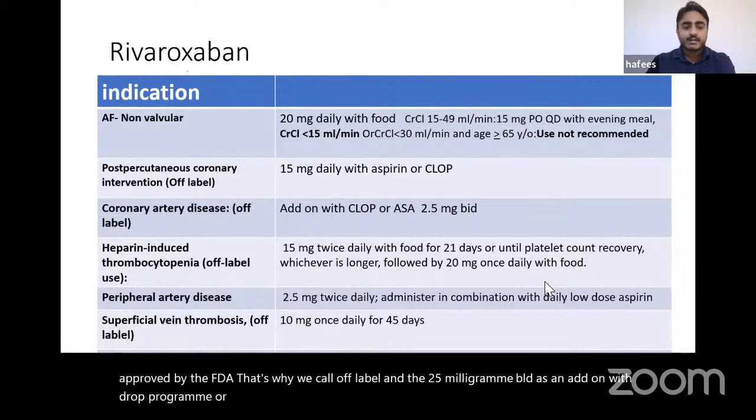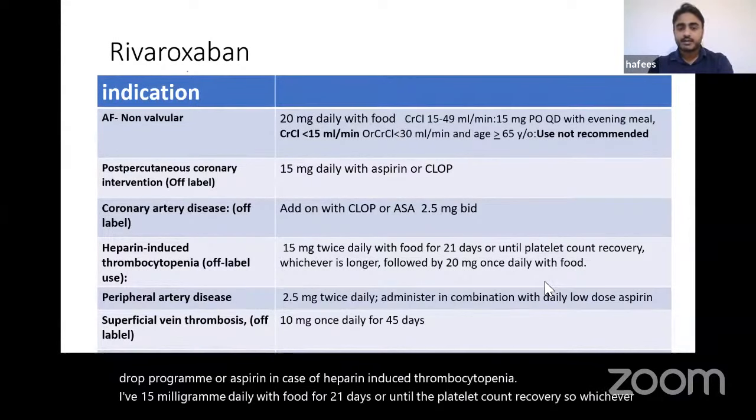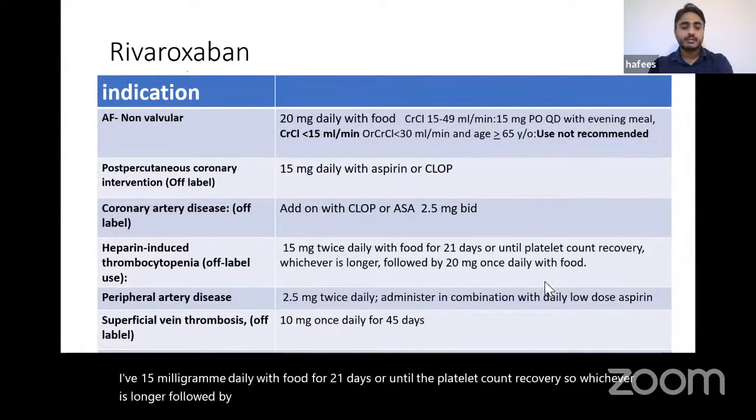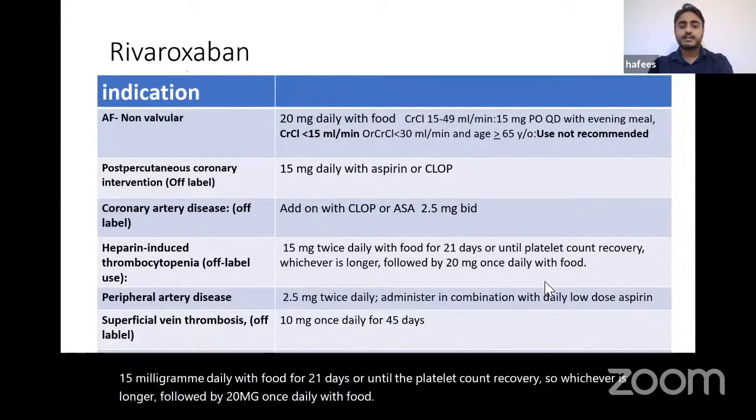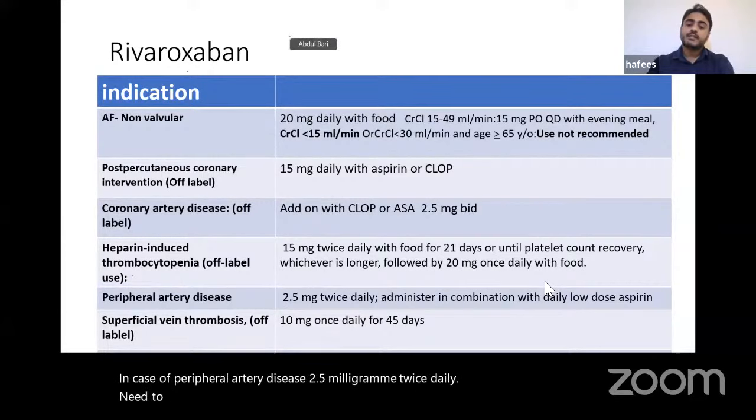In case of heparin-induced thrombocytopenia, 15 milligram daily with food for 21 days or until the platelet count recovers, whichever is longer, followed by 20 milligram once daily with food. In case of peripheral artery disease, 2.5 milligram twice daily is administered in combination with daily low dose aspirin.